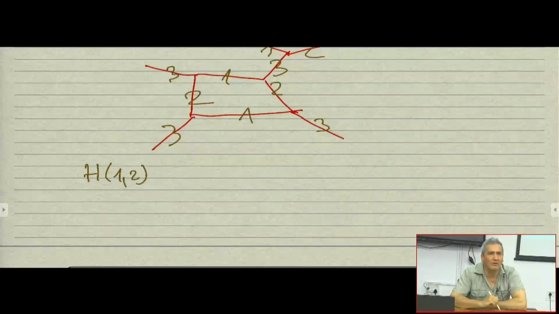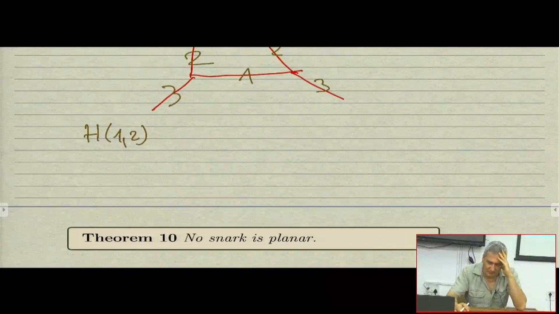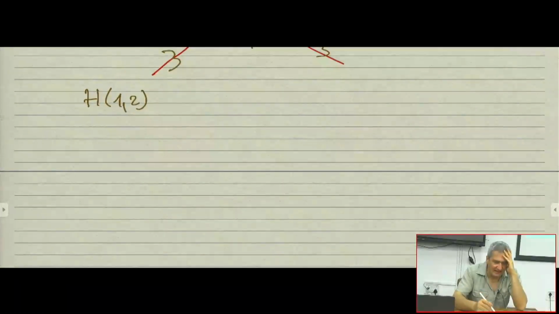What do I get if I take the Kempe chain 1, 2? If I take only the edges with colors 1 and 2, I get cycles. Do we agree? Let's say we take edges 1 and 2.